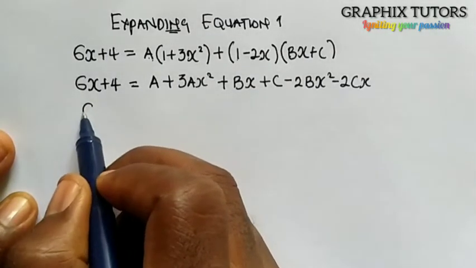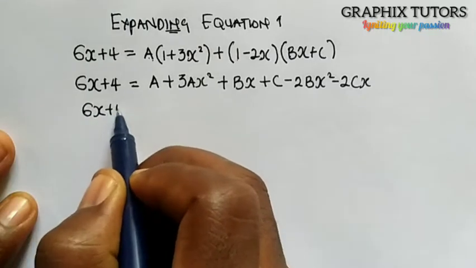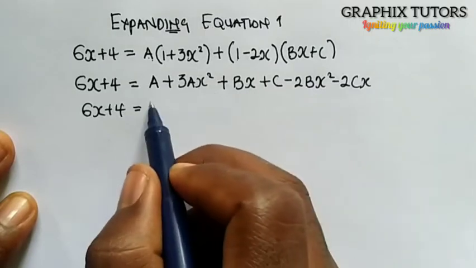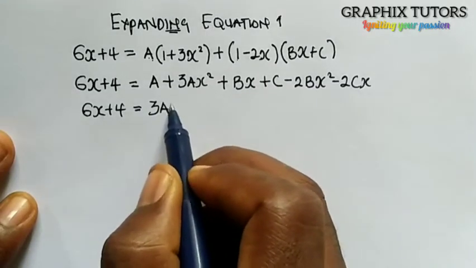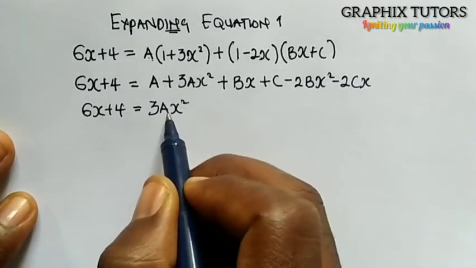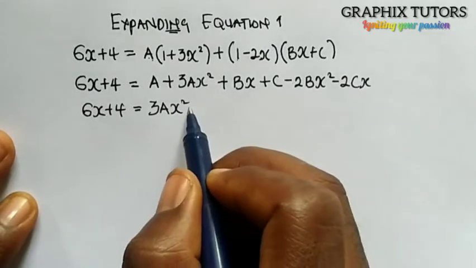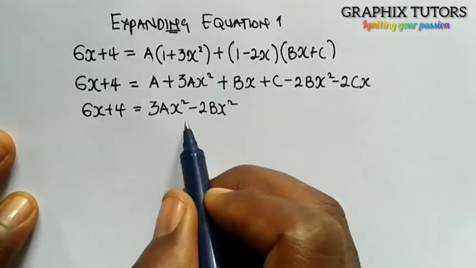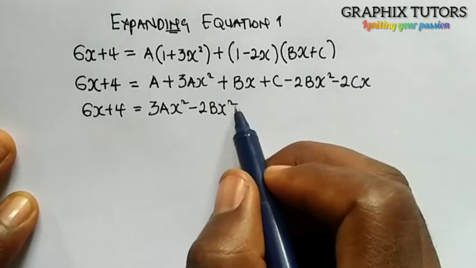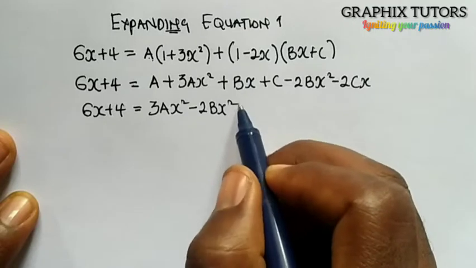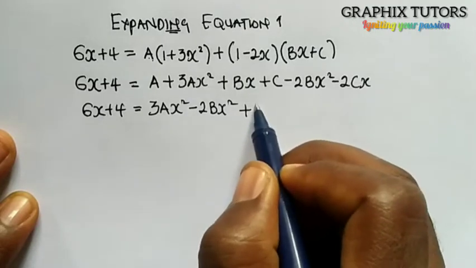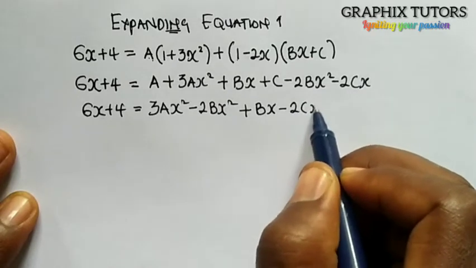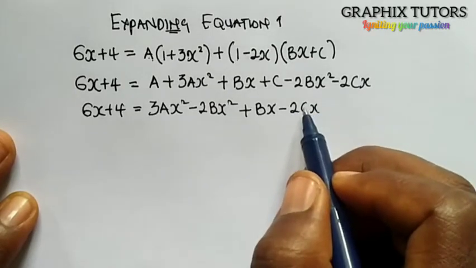Now you collect like terms. I have 6x plus 4 at the left hand side equals, now I have the power 3ax squared, it has the highest power, I'll bring them first, minus 2bx squared. So these two are the ones that have the highest power, so I'm bringing them together. Followed by plus bx minus 2cx. This is the next one, right?